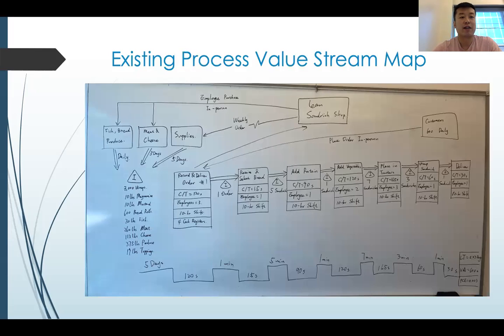So let's take a look at the existing process value stream map. We have weekly orders here, and employees purchase in person, every 3 days for the meat and cheese, daily for the fish, bread, and produce, and every 5 days for the supplies.